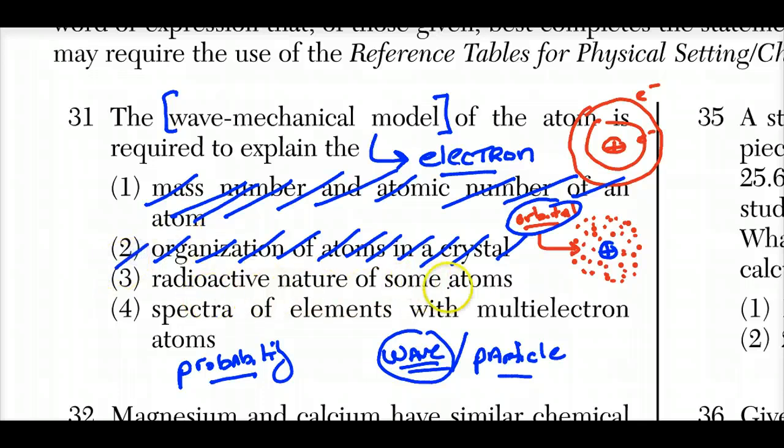Radioactive nature of some atoms. Well, I do not think so. Radioactive nature of some atoms is based on really the nucleus stability, not so much the electrons, not at all the electrons. So the best answer is choice 4, the spectra of elements with multi-electron atoms.